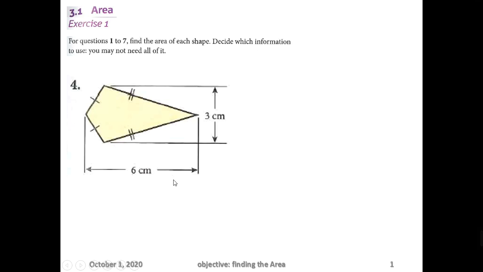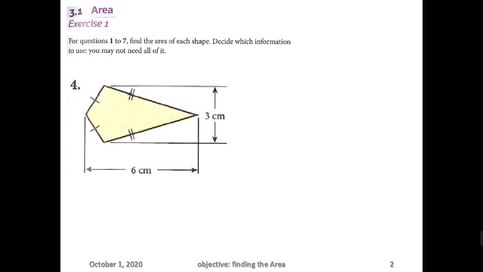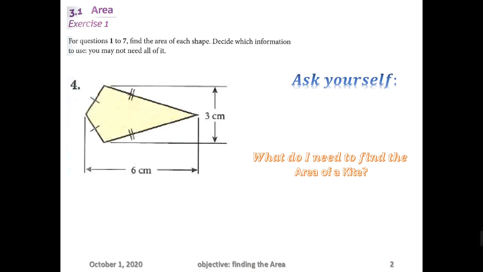Now, we go with the steps as I explained in the previous videos. You ask yourself at first, what is the shape that I have in hands? It is a kite. And then you ask yourself, what do I need to find the area of a kite?